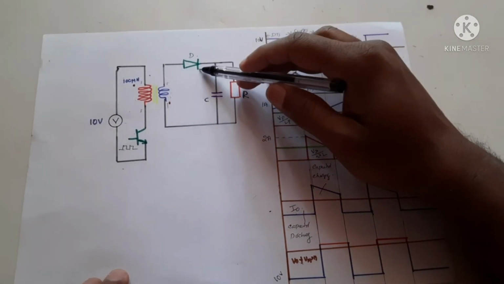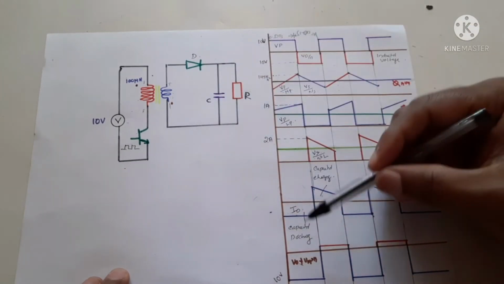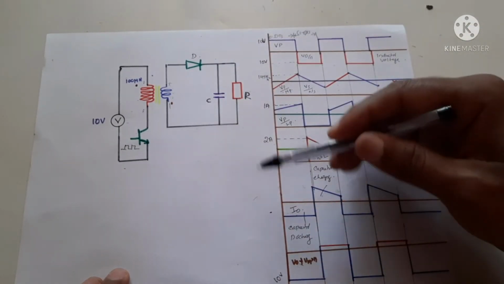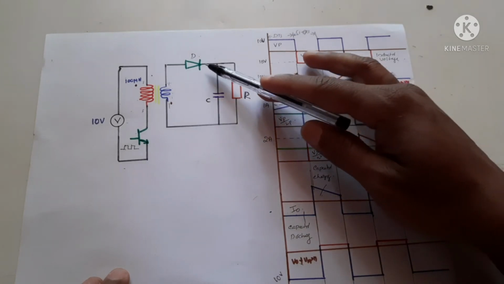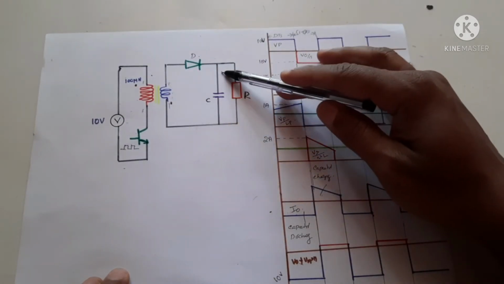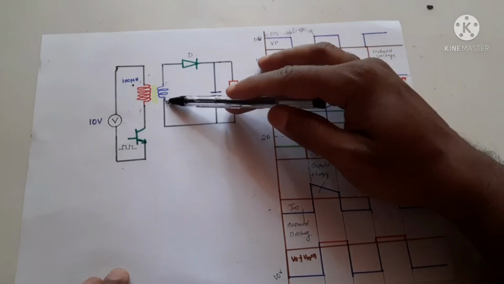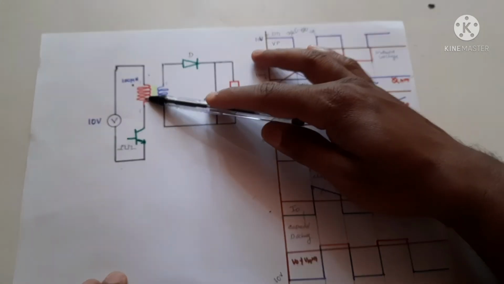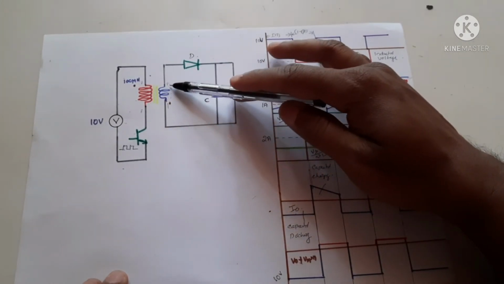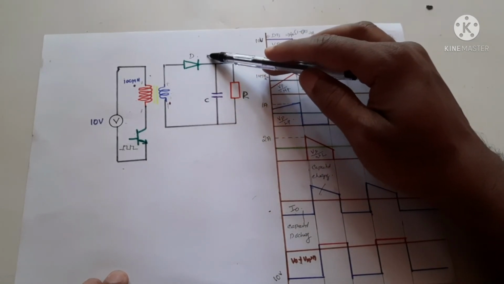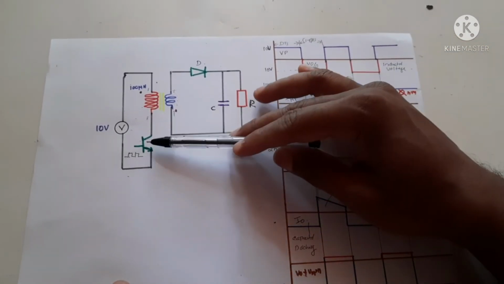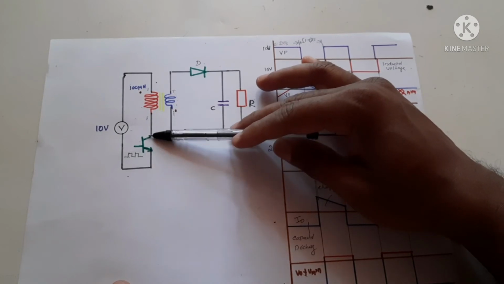If we calculate the voltage across this diode, as we said earlier, when it is reverse biased, the voltage across this diode will be this voltage V0, 5 volts, plus the reflected voltage, 10 volts into 1 by 2, 5 plus 5, 10. So this has to be 10 volts. During the off time, what is the rating of this transistor?